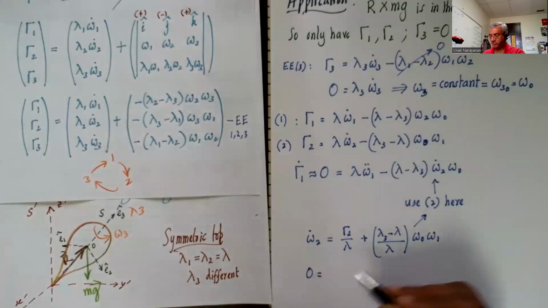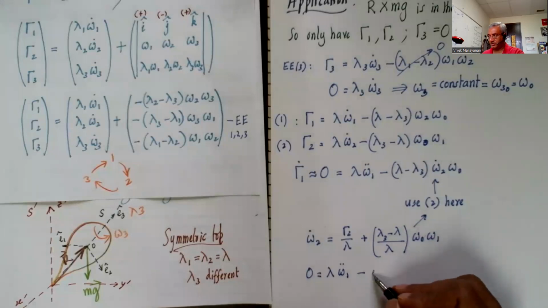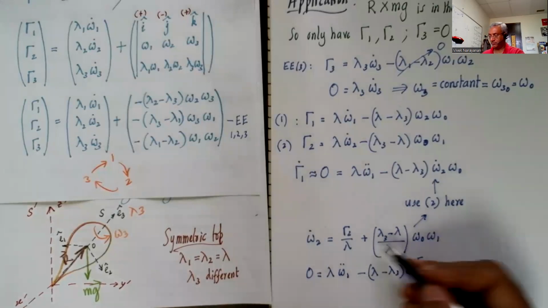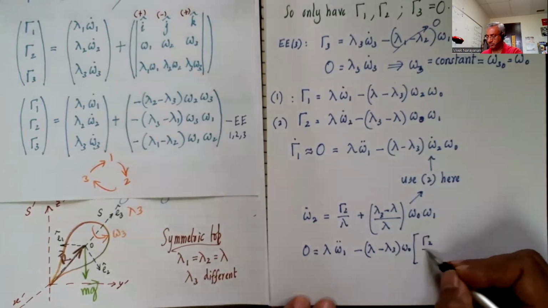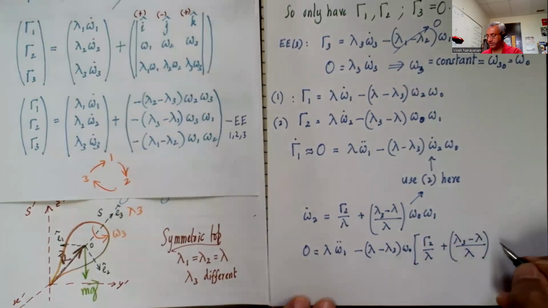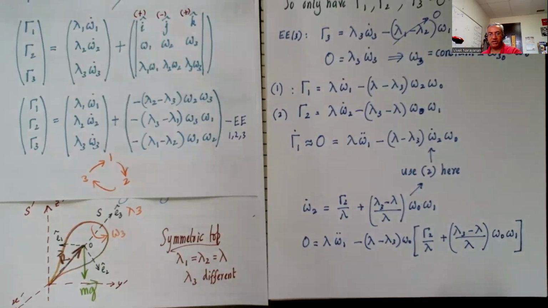I get 0 equals lambda omega 1 double dot minus lambda 3 omega naught, and then omega 2 dot, which will be all of this: gamma 2 over lambda plus lambda 3 minus lambda over lambda omega naught omega 1. So that's a handful. But this is good because it looks like a good second order differential equation with no cross terms.